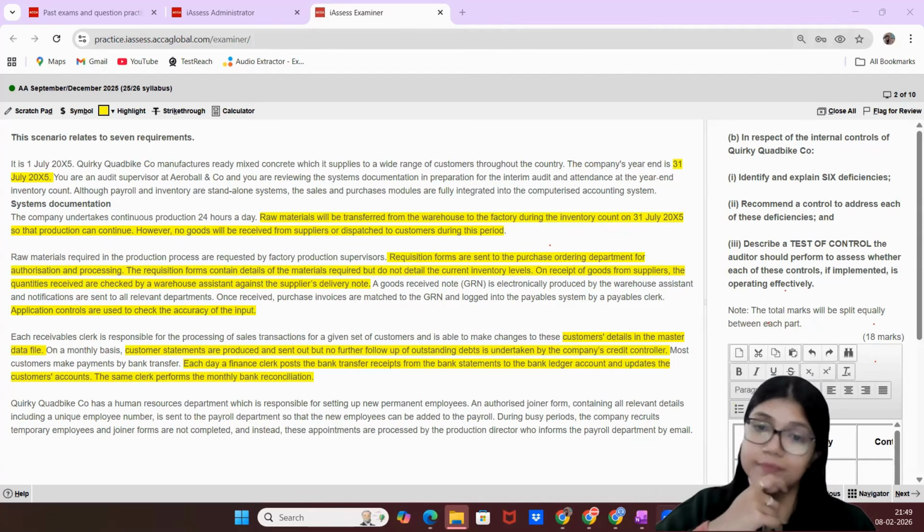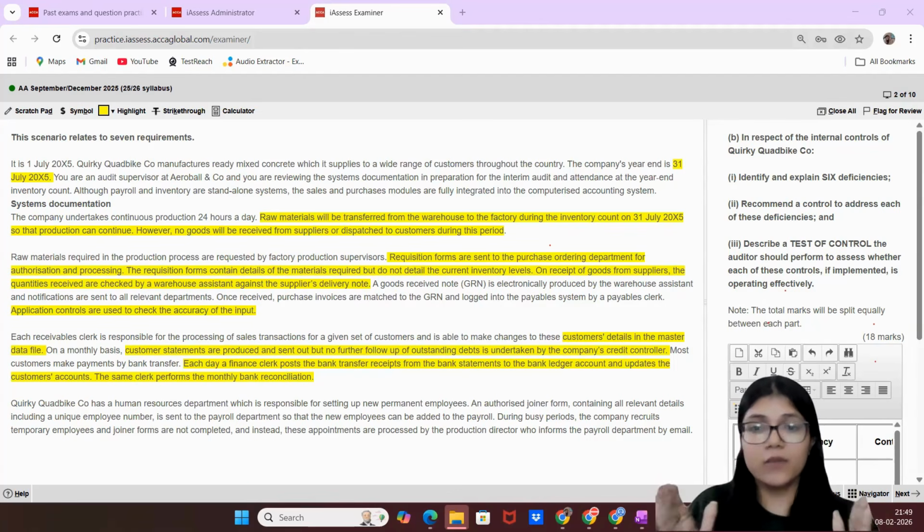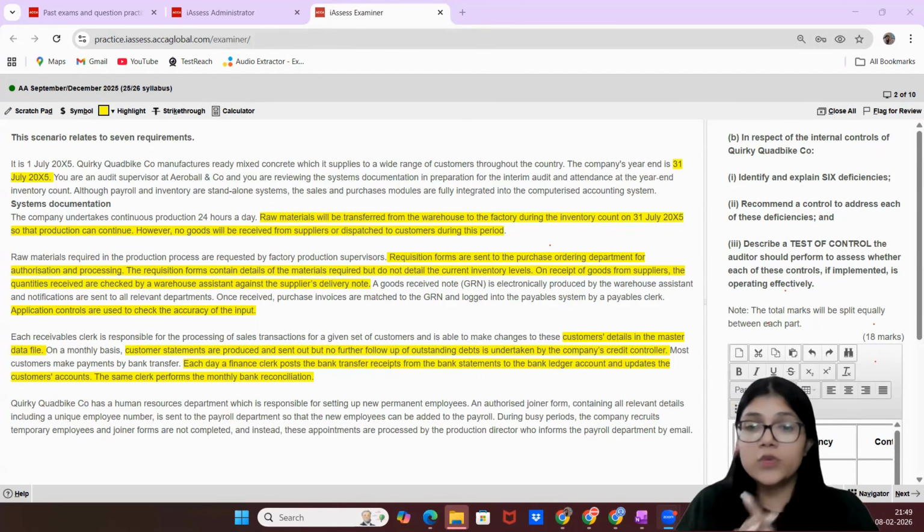Yes, perfect. It will still be an issue. The person is getting the bank transfer receipts to the bank statements and the ledger account. That is okay, we don't have any problem because he is just posting the things. But he is then also updating the customer accounts, and then he is doing the bank reconciliation also. He's doing so many things on his own. So it is an issue.